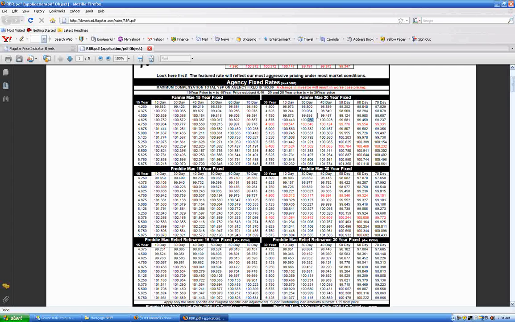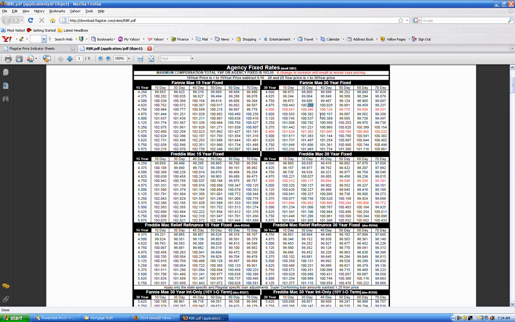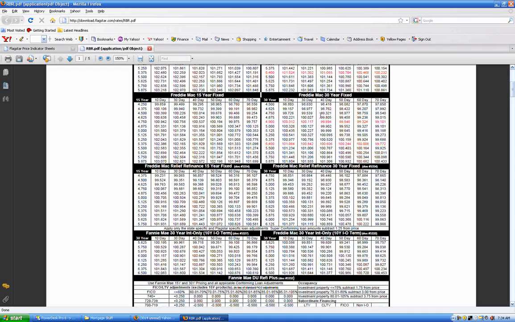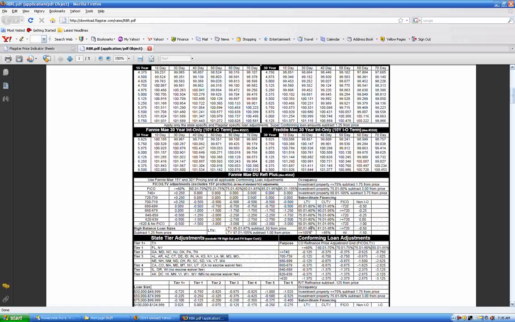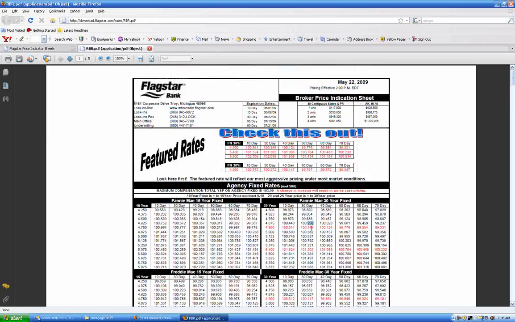Typically, you want to be about 0.5 if you're not making any money up front, or charge something up front and give par pricing so that your clients can get the best rate. And then adjustments. For every loan, there's going to be adjustments. And to make sure that you're pricing it right, you might want to confirm it with the pricing engine. And there's another video that I've posted on how to use a pricing engine. So that concludes our rate sheet reading for today.